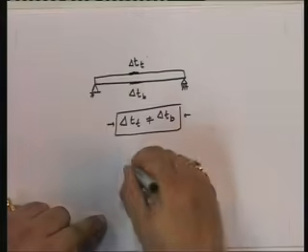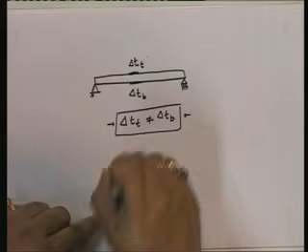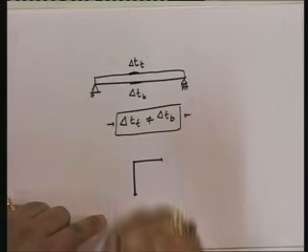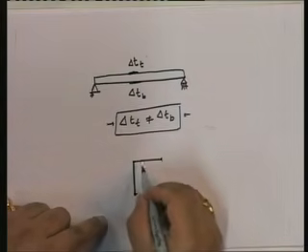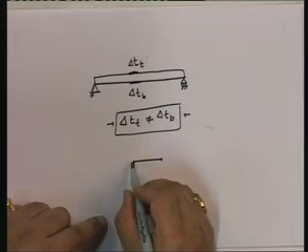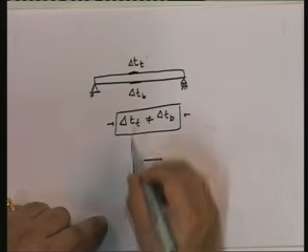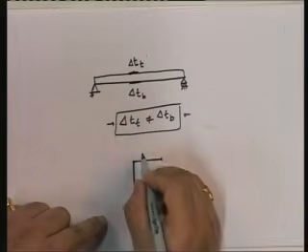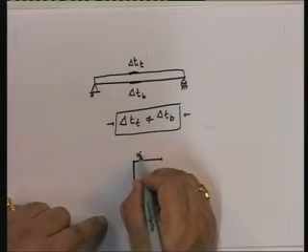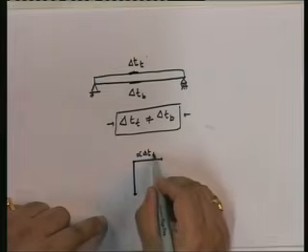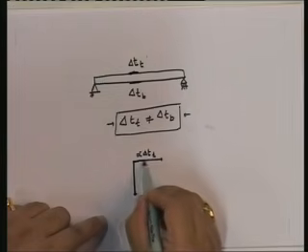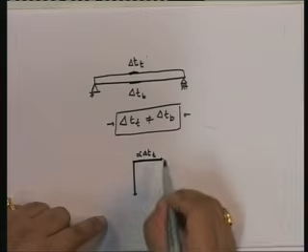So, this is the beam. What is going to happen to that beam? If you really look at it, this point, because it has been subjected to delta T, is going to go alpha delta T top. This is going to be the strain at this point.